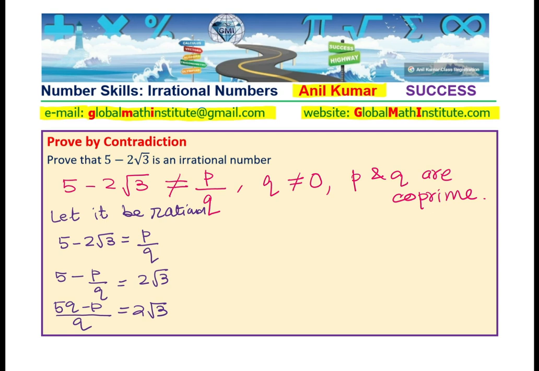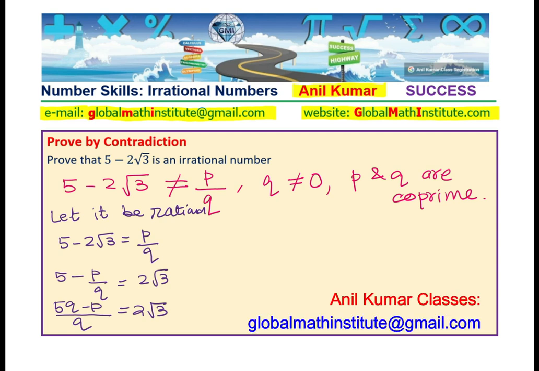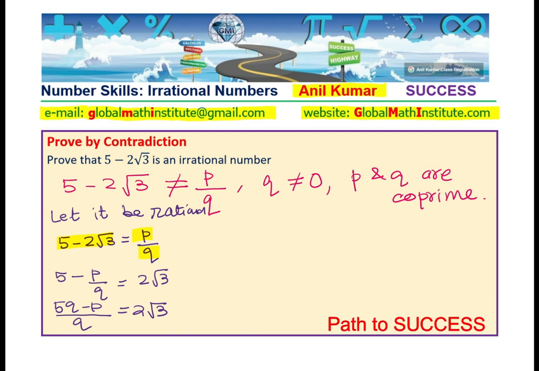We need to prove that 5 minus 2 square root 3 is an irrational number, and we are saying let this be a rational number. If it is a rational number, what we notice here is that (5q minus p) over q on the left side is a rational number, and on the right side we have 2 square root 3.